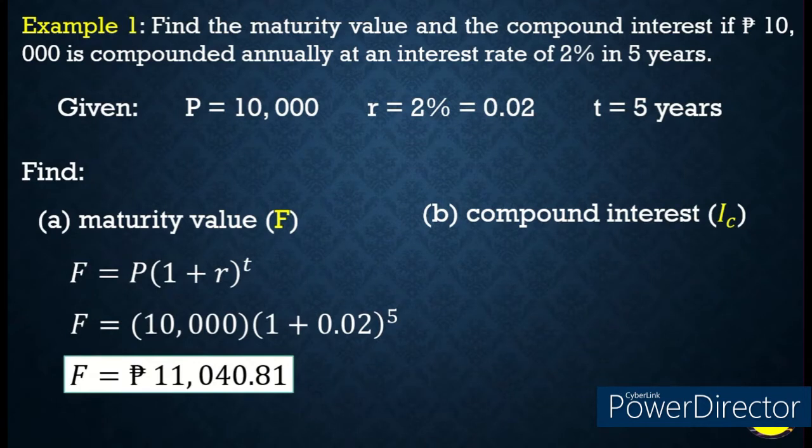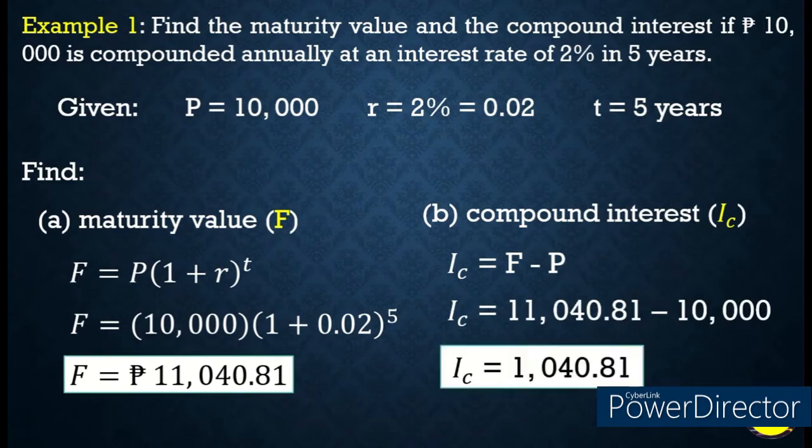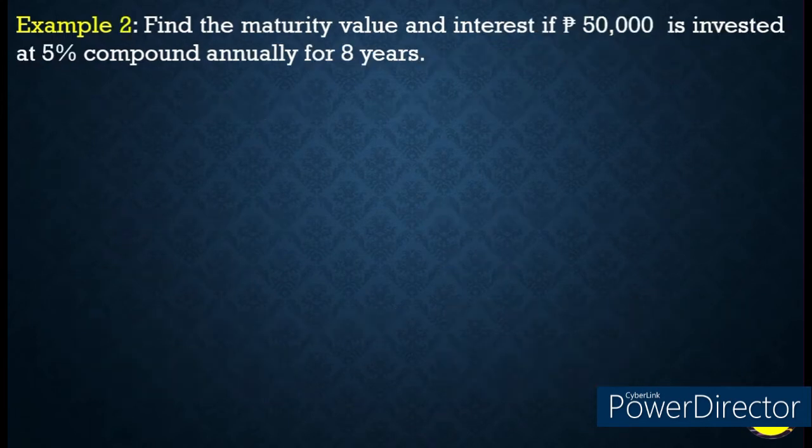That is 11,040.81. So using the formula, 11,040.81 minus 10,000, so magkano yung compound interest? That is 1,040.81. So ibig sabihin, yung 10,000 niya kumita ng 1,040.81 after 5 years.